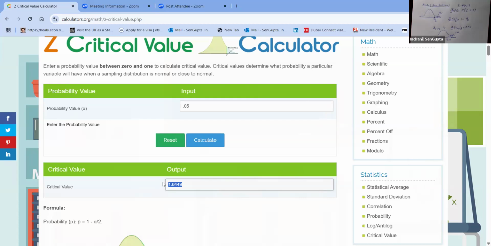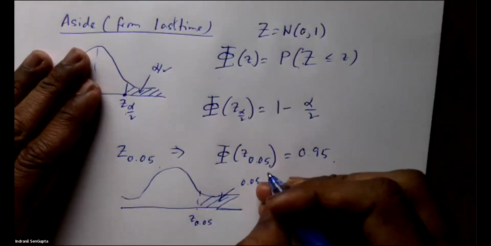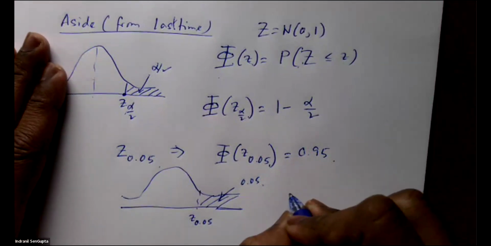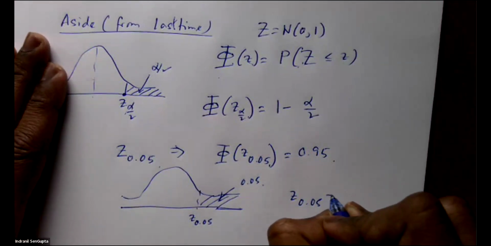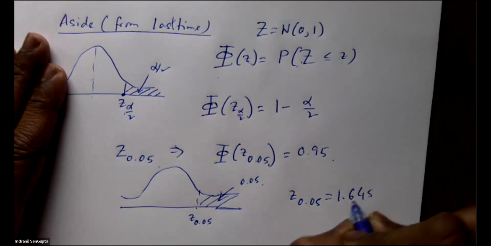In the last case we found that Z of 0.05 is 1.645.